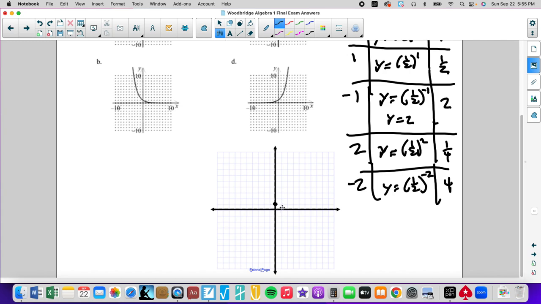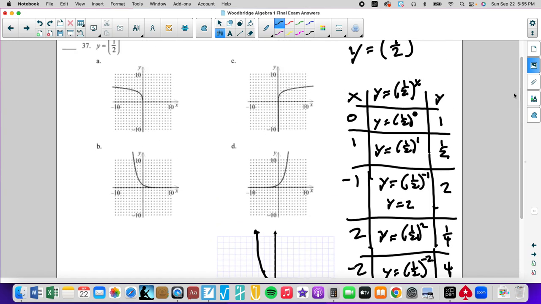Then I have 1 on the x, 1/2, looks like that. Then I have -1, 2, and then I have 2, 1/4, and I have -2, 4, which is that. So I kind of see the graph looks like that. Yeah, that's the shape of my graph.